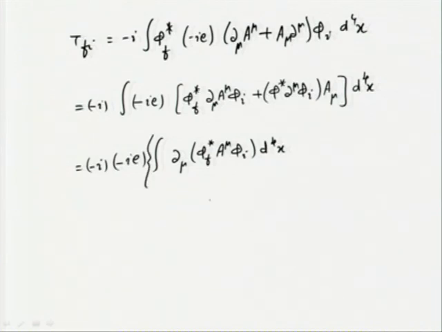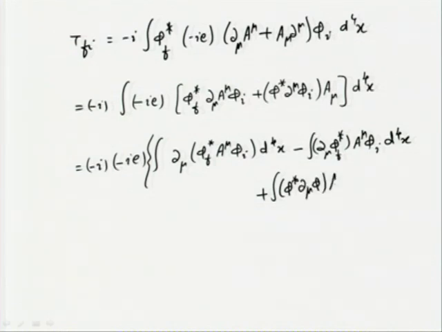From this term, to get the first term in the earlier line, we had to subtract dou_mu phi f star a^mu phi I d^4x, and then the remaining term, integral phi star dou_mu phi a^mu d^4x.